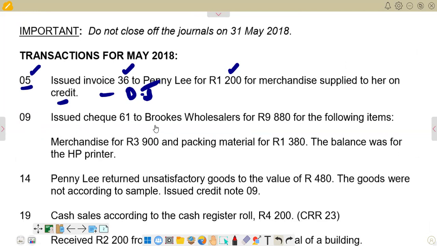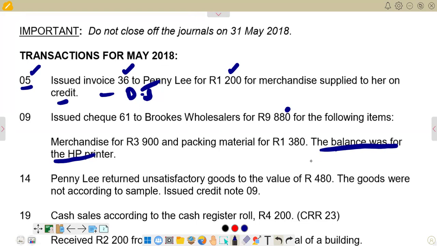It reads issued check 61 to Books for Sellers for 9,880 rands for the following items: merchandise for 3,900 rands, packing material for 1,380 rands, and the balance was for an HP printer. So the key area in this statement is that the balance was for an HP printer. What does it mean? The total amount on the check is 9,880, but out of 9,880, 3,900 was for merchandise, and 1,380 was for packing material.